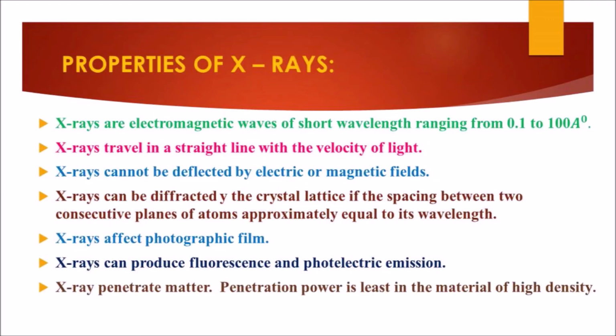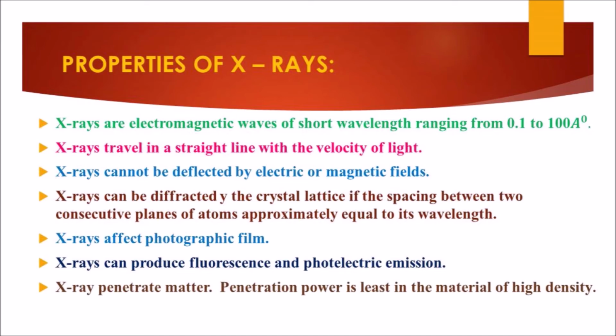Next we will see the characteristics of X-rays. We know that X-rays are electromagnetic waves of short wavelength ranging from 0.1 to 100 Angstrom. X-rays travel in a straight line with the velocity of light.